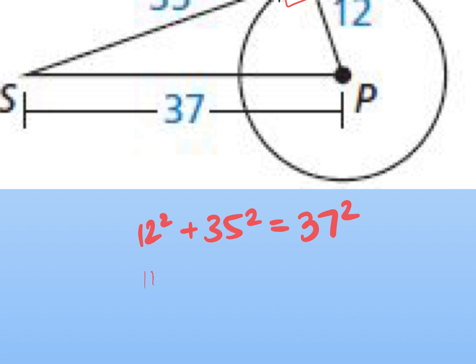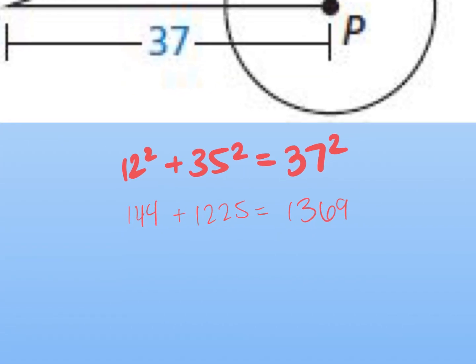12 squared is 144. 35 squared is 1,225. Well, that's 35, I think. Am I going crazy? Yeah, I'm going crazy. And then 37 squared is 1369.